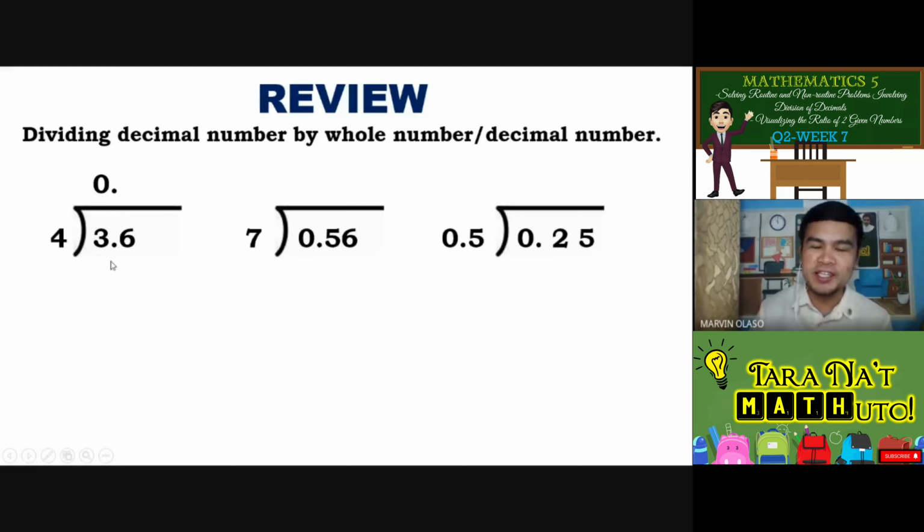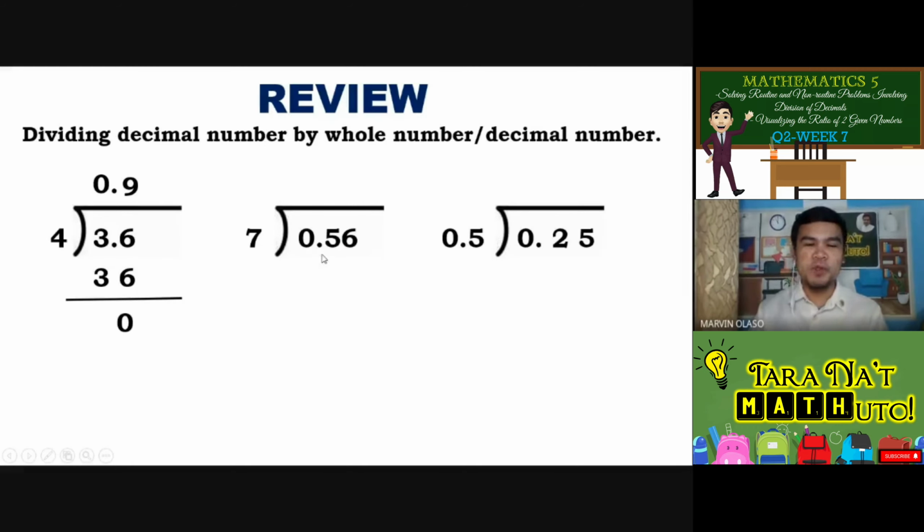So, we have now 36. Ignore the decimal point. 36 divided by 4, we have, yes, 9. Because 9 times 4 is 36. So, we have a remainder of 0. Therefore, 3 and 6 tenths divided by 4 is 9 tenths.